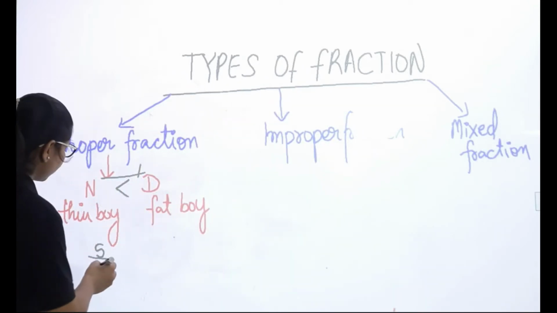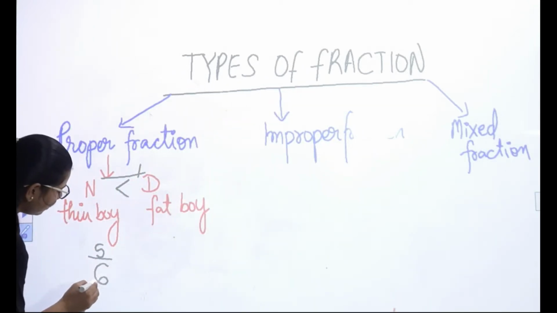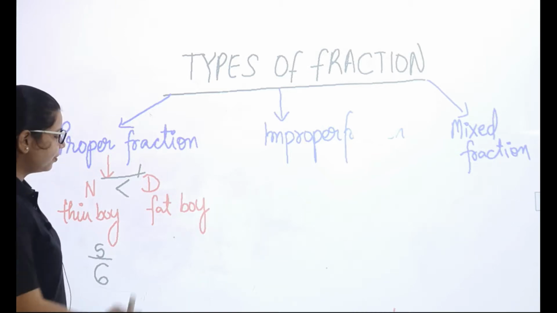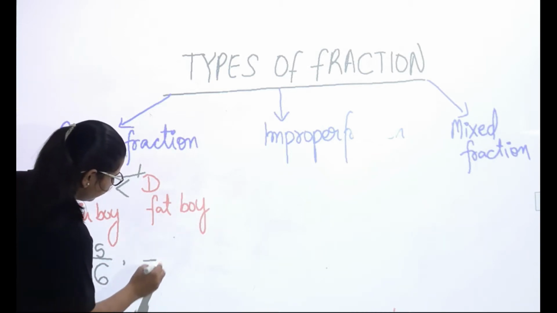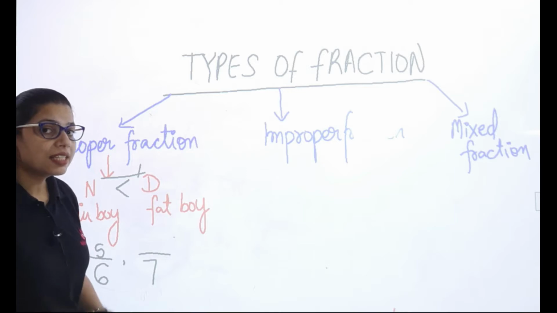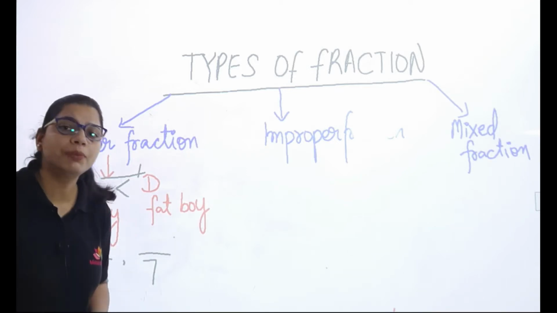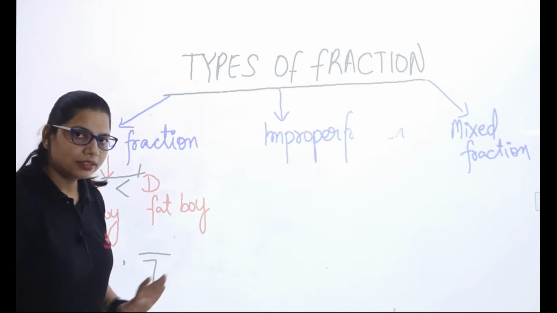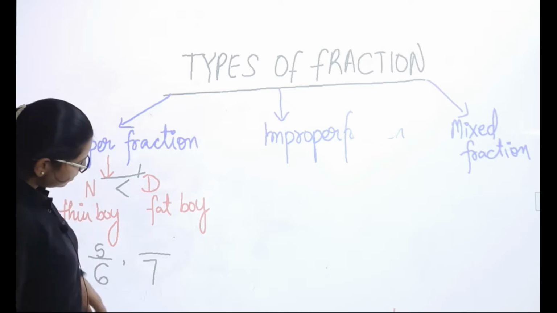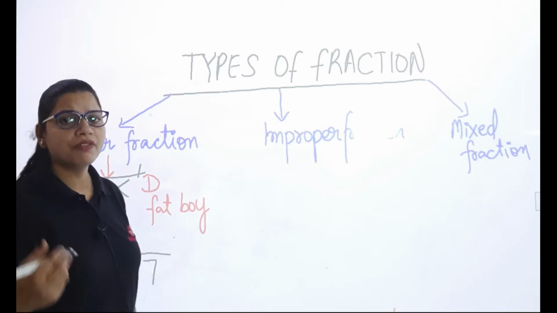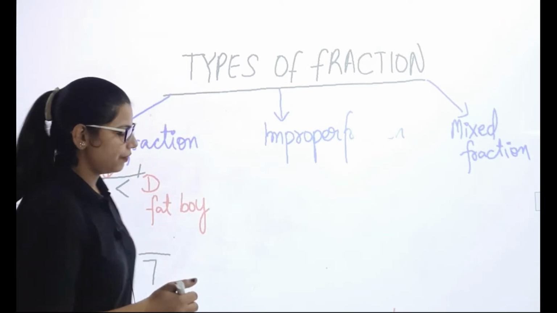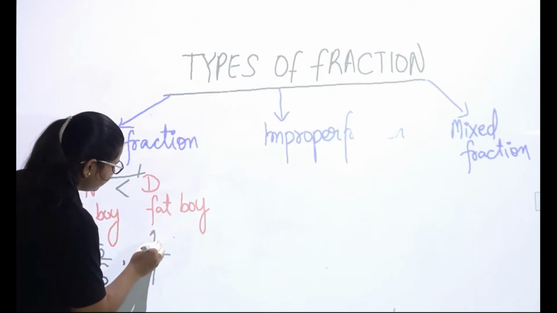This will be the proper combination. So we can write 6 here. If I'm writing 7 as a denominator, just think and tell me what number could be the numerator, the above one. Yes, it could be 1, 2, 3, 4, 5 till 6. So I have placed 1 here.